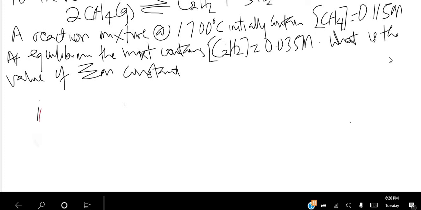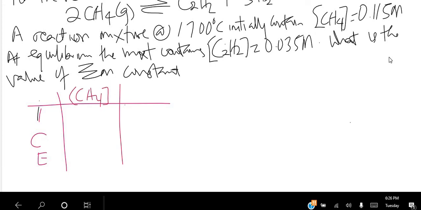We have our ICE, and in this case, we have only one reactant, which is CH4, and we have two products, C2H2 and hydrogen.